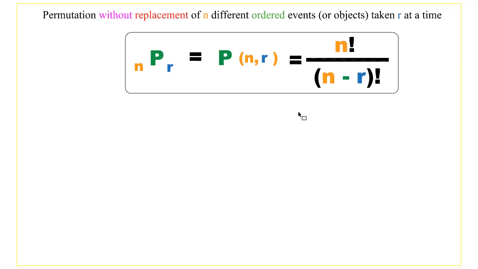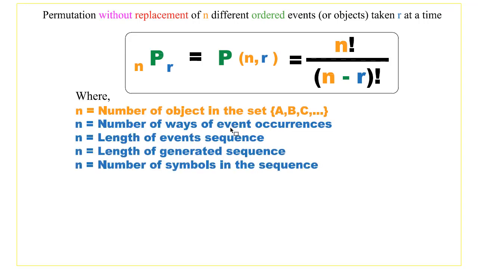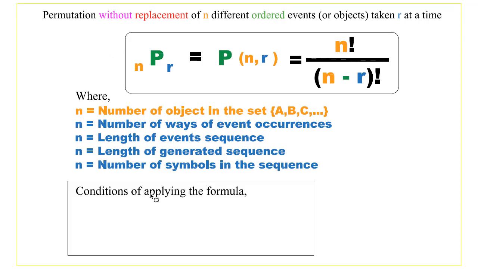So now we need to know the conditions according to which we have to apply this formula and the definition of all the parameters. So n is number of objects in the set, or number of objects we are going to permute, and R is the length of the generated sequence, which is the number of symbols in the sequence. Now the conditions are, to apply this formula, we have to make sure that these conditions are available, otherwise we are going to make a mistake.